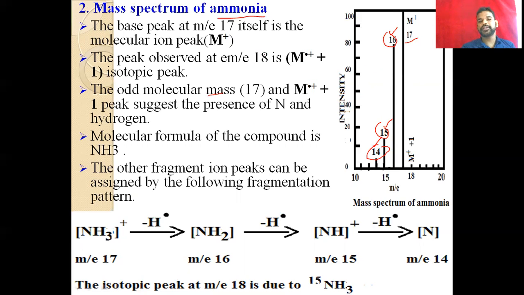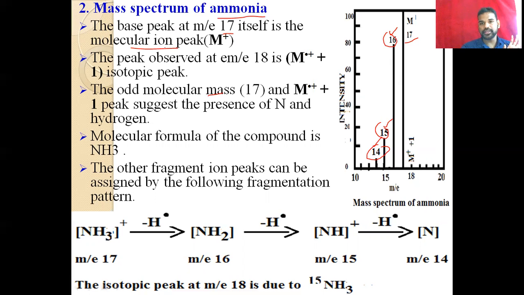But we have to explain this. We already know from the mass spectrum, but we have to explain this thing. So first step, we have to identify the base peak. Here the base peak is 17, and the base peak and the molecular ion peak are both the same. That means the base peak is 17 and the molecular ion peak is also 17.